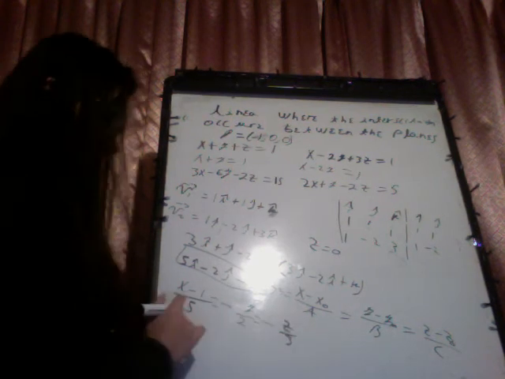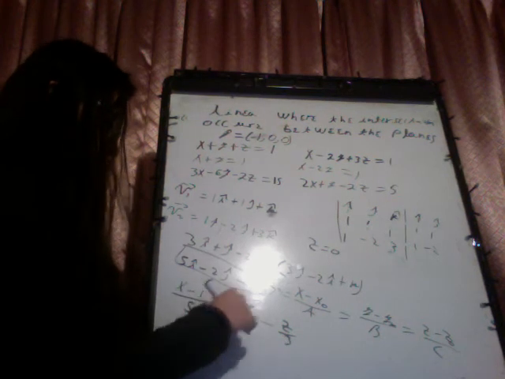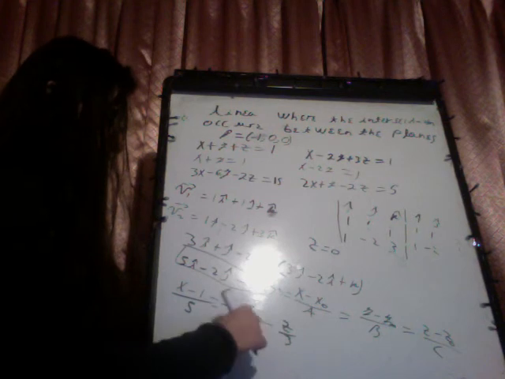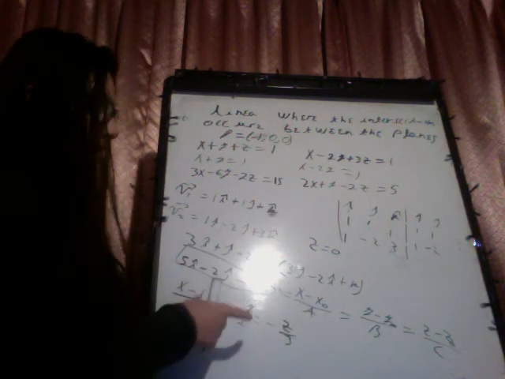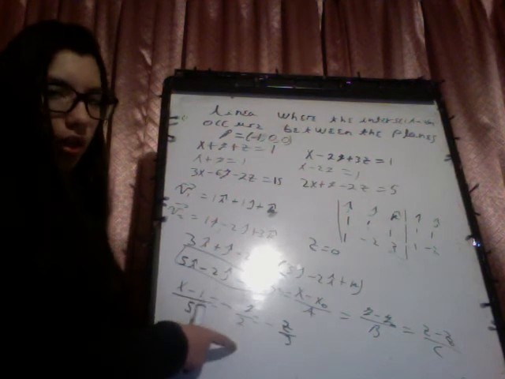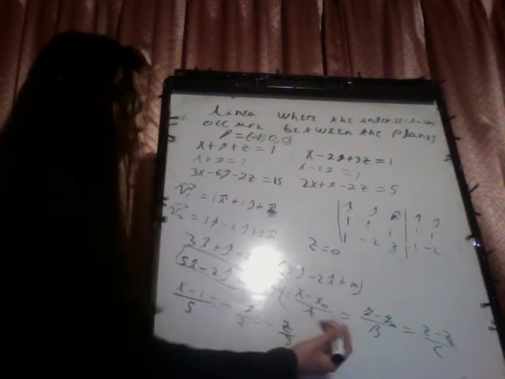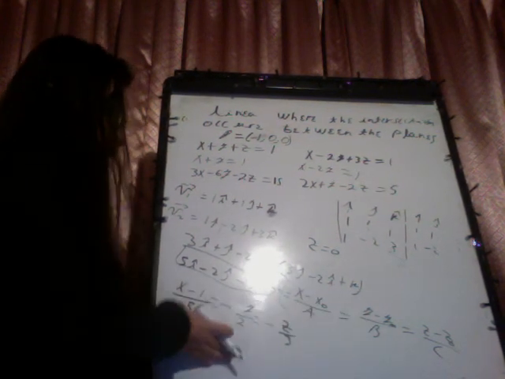So I have x minus 1 divided by 5 equals minus y divided by 2 equals minus c divided by 3. These are the symmetric equations for the line. Remember, these are the symmetric equations for the line. So this is the general form, and this is this example.